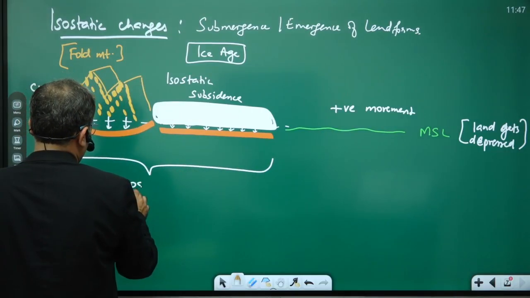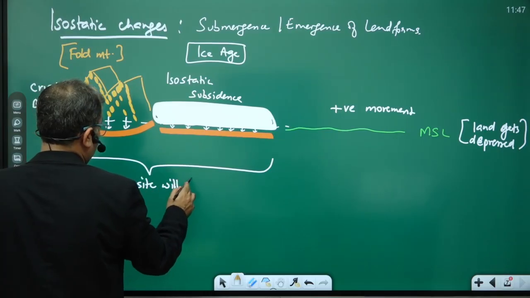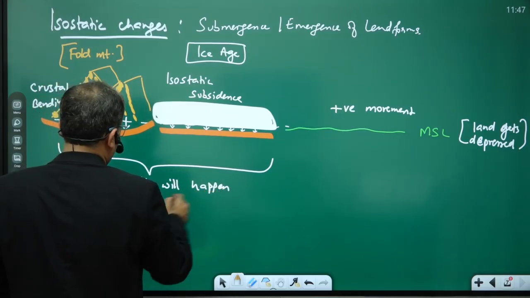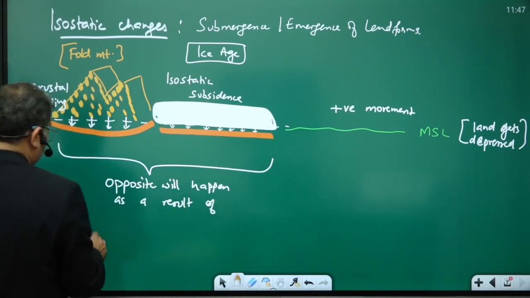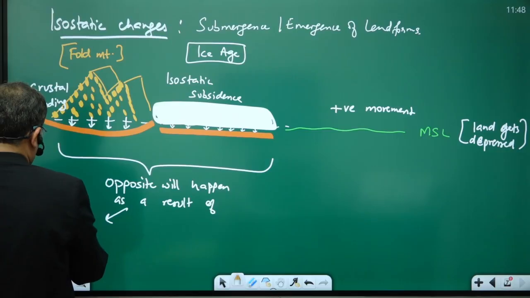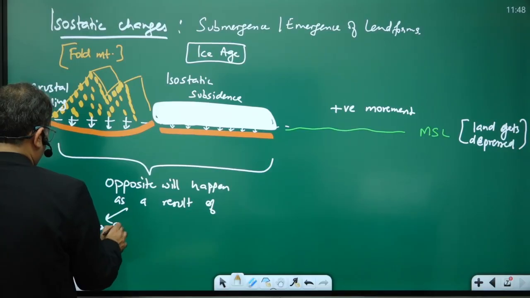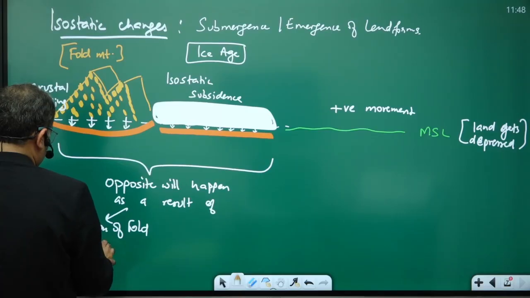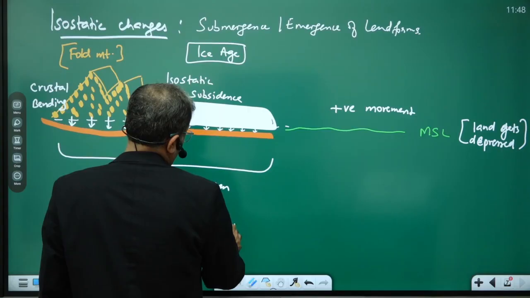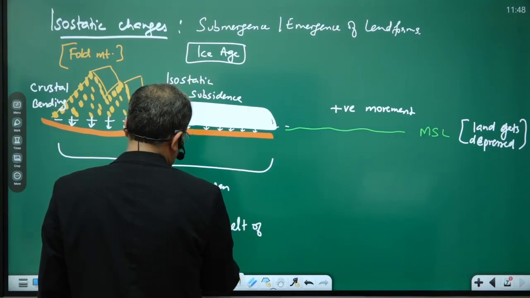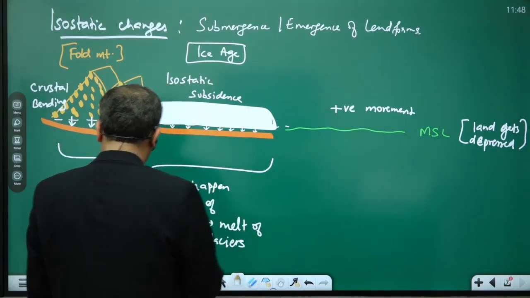Opposite will happen as a result of denudation of fold mountains or melt of glaciers.